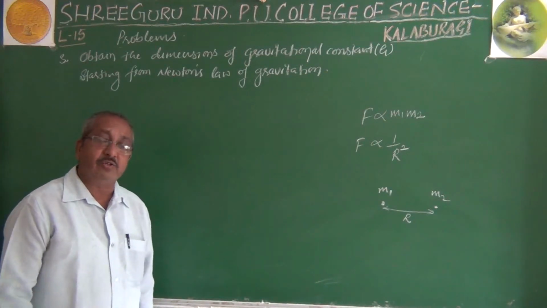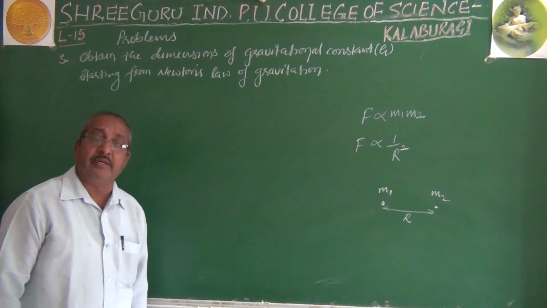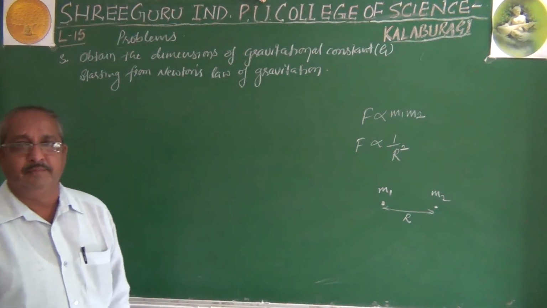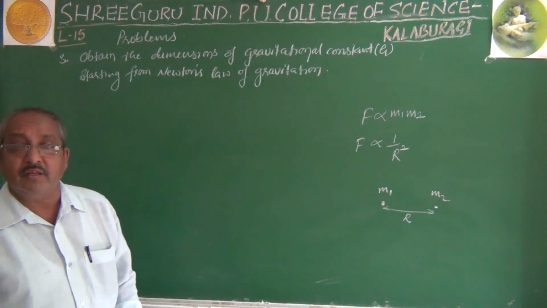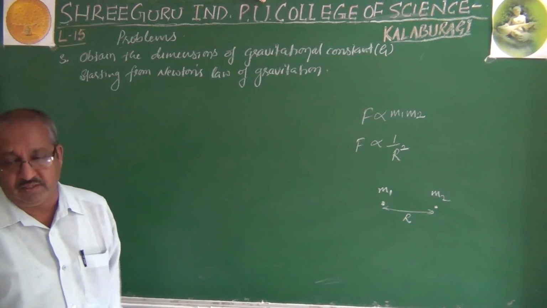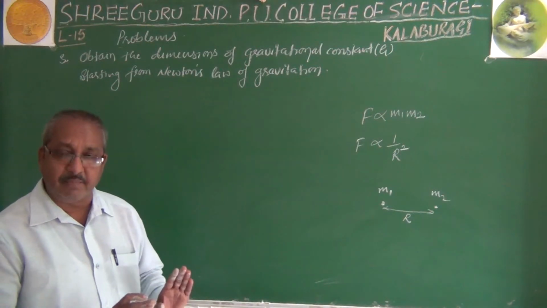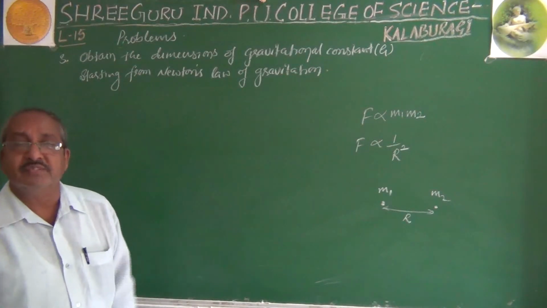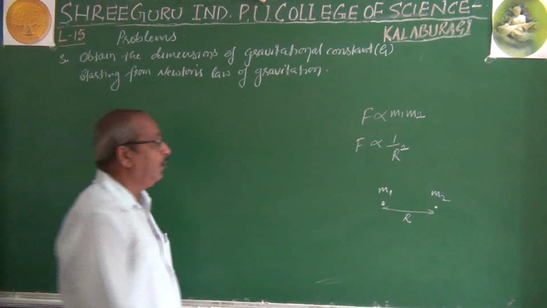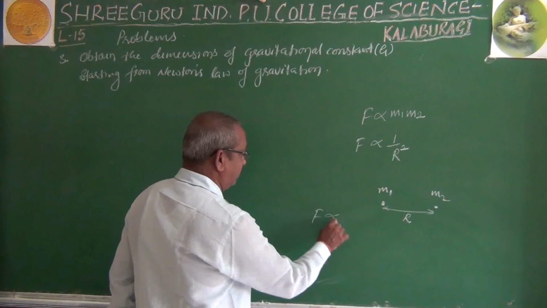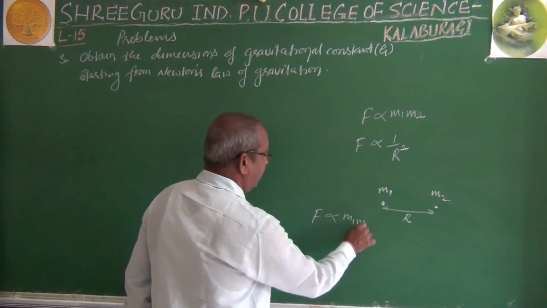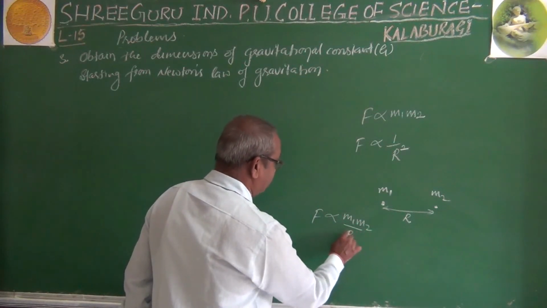It is called a universal law because it is applicable anywhere in the universe. So therefore it can be called the universal law of gravitation. Now here force is proportional to m1 m2 divided by r square.